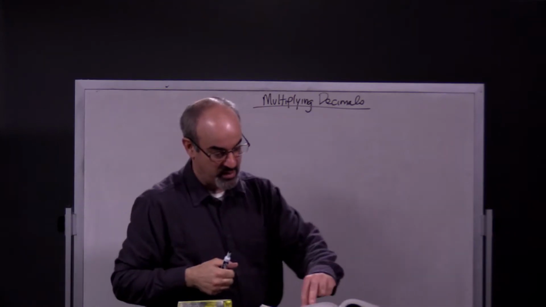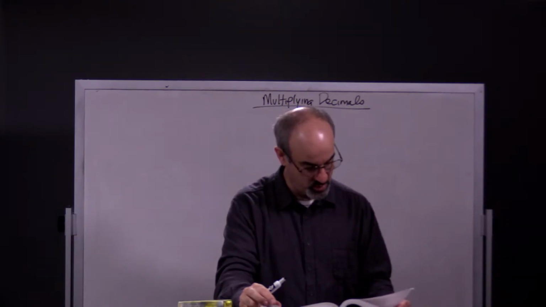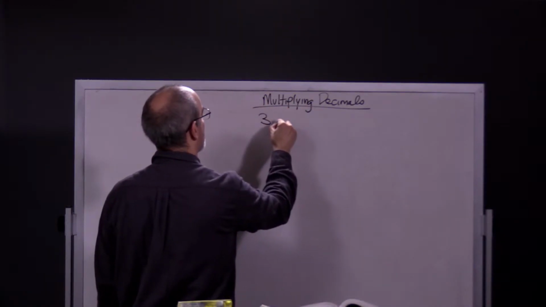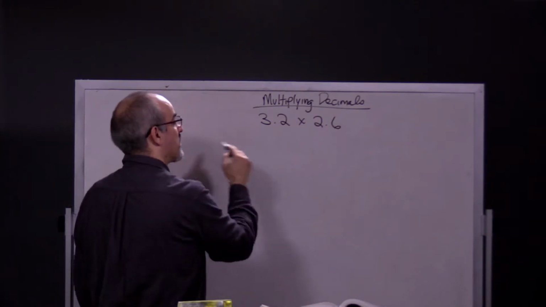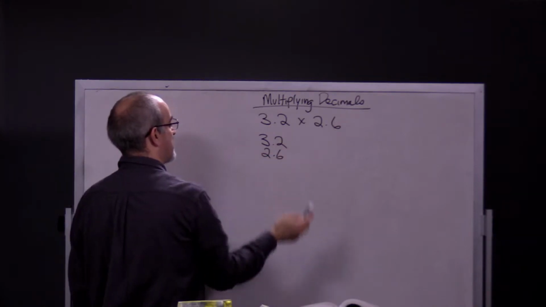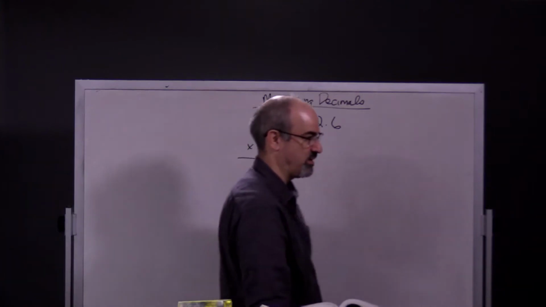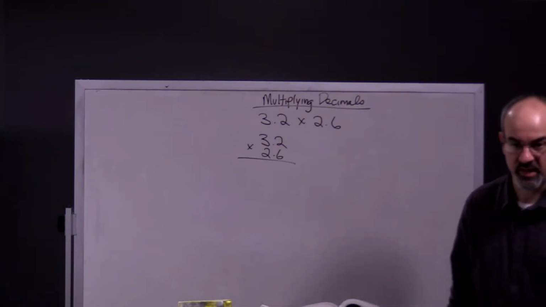Let's see if they have a good example in the book. 3.2 times 2.6. This one they just normally line up anyway, because they have the same amount of digits and the same amount of digits after the decimal.